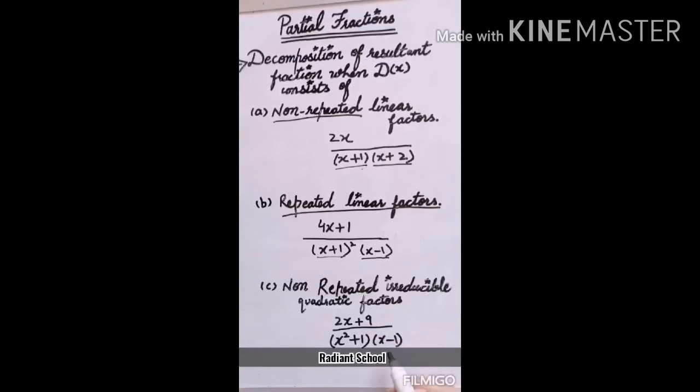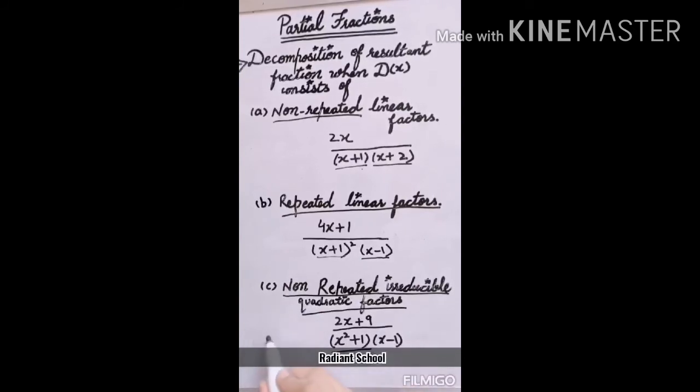Suppose you have this type of fraction, and in the denominator no factor will be repeated, no whole square or whole cube must be there, no factor is repeating here. But which type of factor must be present? Irreducible quadratic factor. Quadratic means that your variable has highest power 2. You can see this first factor is a quadratic factor.